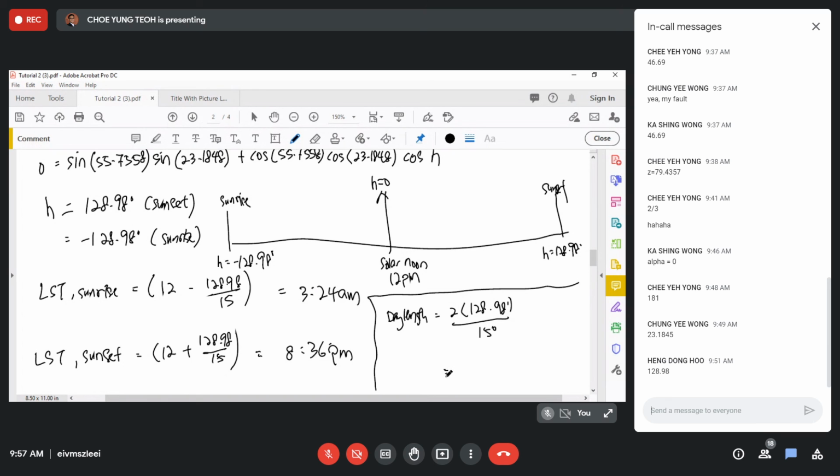Then you will get the duration for the daylight, which is 17.2 hours.